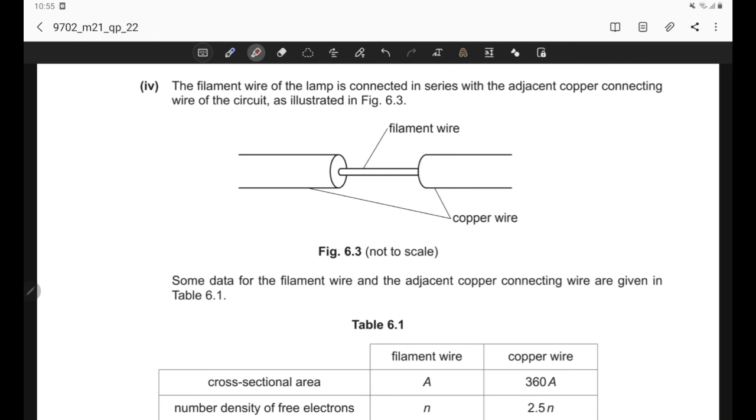Part 4. The filament wire of the lamp is connected in series with the adjacent copper connecting wire of the circuit as illustrated in figure 6.3. So the lamp's filament wire is connected to two copper wires in series. Some data for the filament wire and the adjacent copper connecting wires are given in the table.